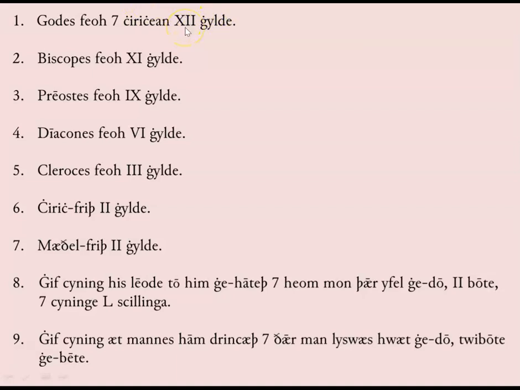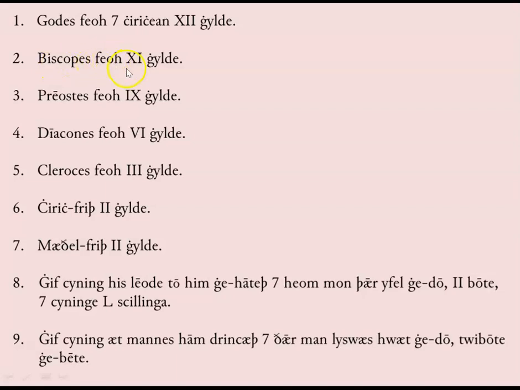This is the king laying down the law. For whatever is taken from God's property or from the churches, 12 times compensation, 12-fold restitution must be made. Of the bishop's wealth, the bishop has Ferch and Leven Yulde.